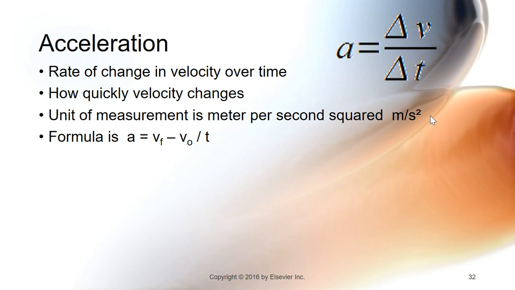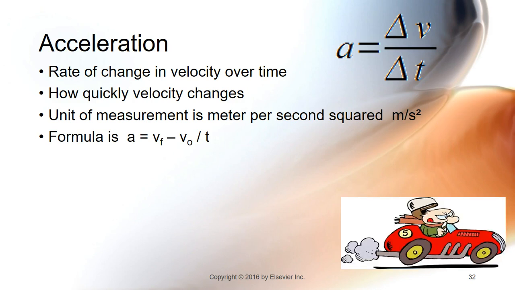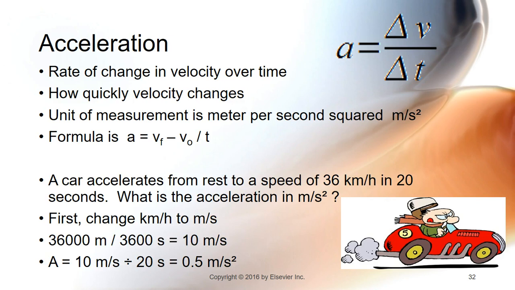So the rate that it changes is calculated by, let's take a car, and if a car accelerates from rest, so it was going 0, and that's what you would put, its initial velocity or original velocity is 0, and then it goes into the final velocity is 36 kilometers per hour.